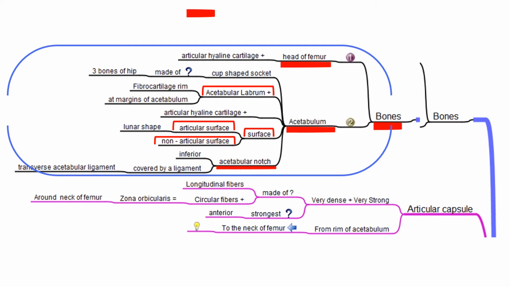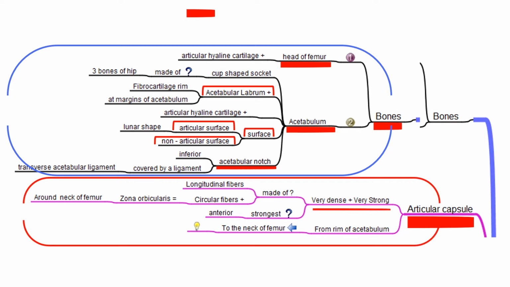Now, the hip joint as a synovial joint has a capsule, and it is called the articular capsule. This capsule is very dense and very strong, probably because this joint is weight bearing.